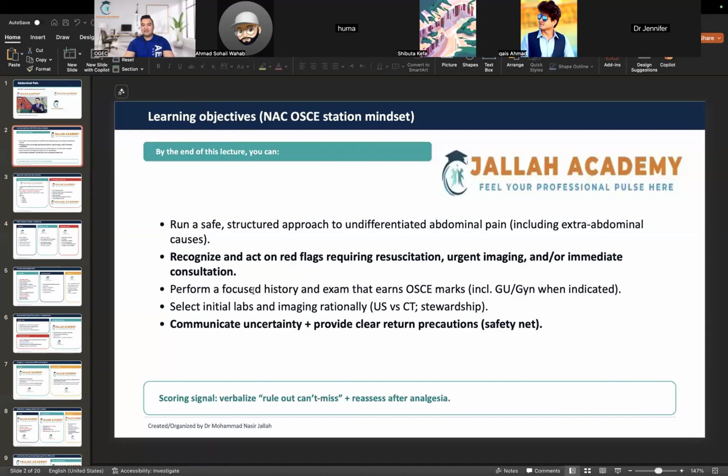Basically, these are the things that you need to know when you're dealing with abdominal pain in general.